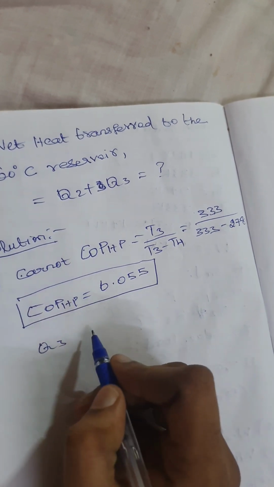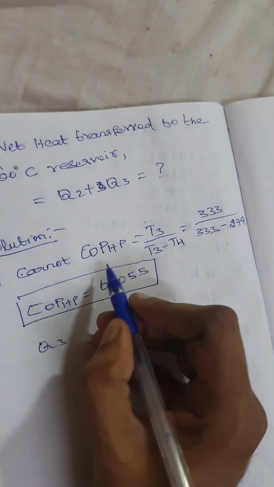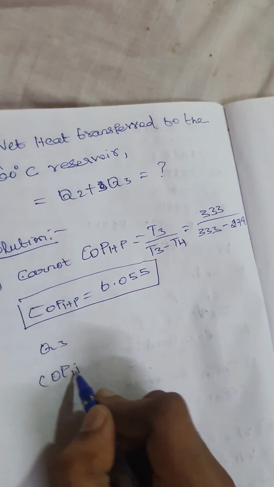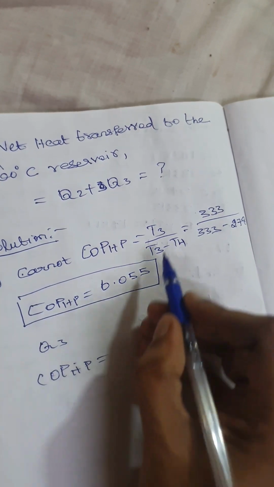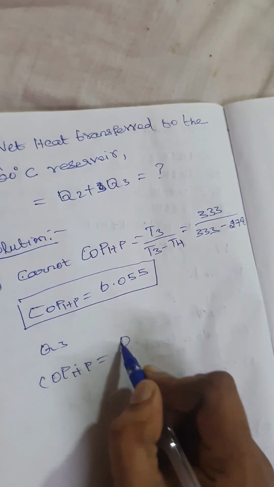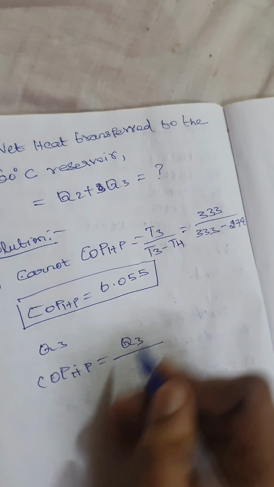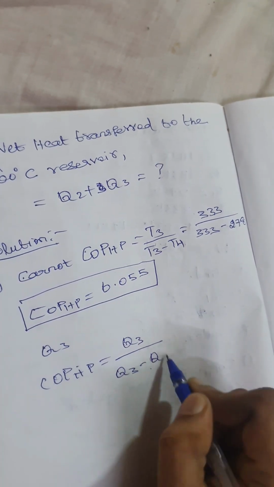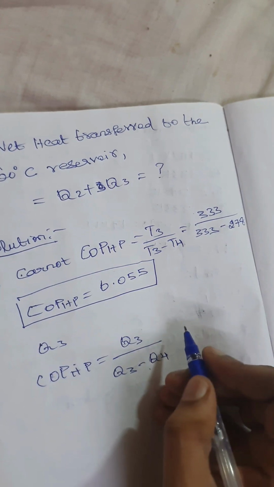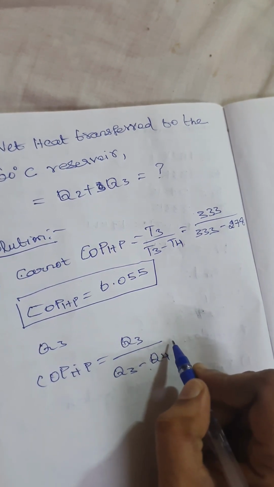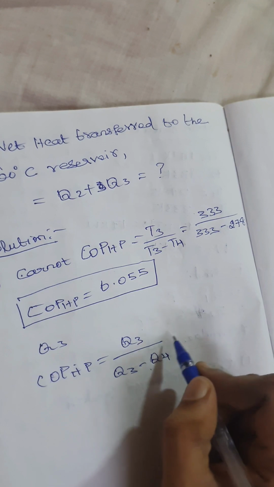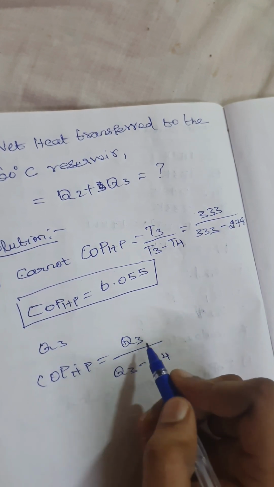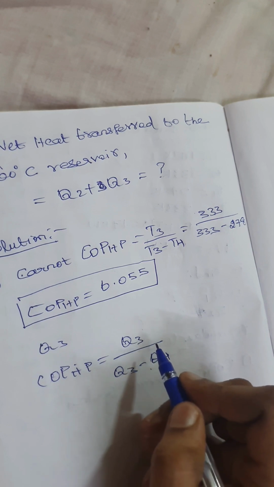To find the Q3 value, you can use the same formula of COP of HP, that is equal to Q3 divided by Q3 minus Q4. So now you can directly put the values given in the given data here.